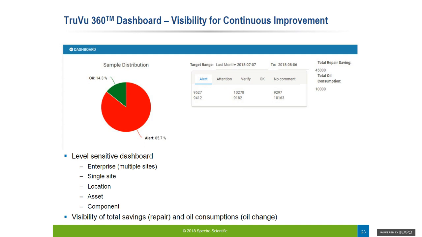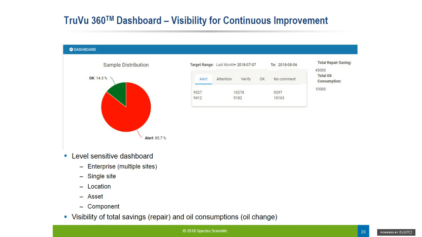Finally, I mentioned the TrueView dashboard. What it provides is information on the frequency of the various states, a normal oil sample, one in the alert, one in the alarm case, by percentage. It also will track the oil consumption as well as the total repair savings as estimated by your maintenance team.